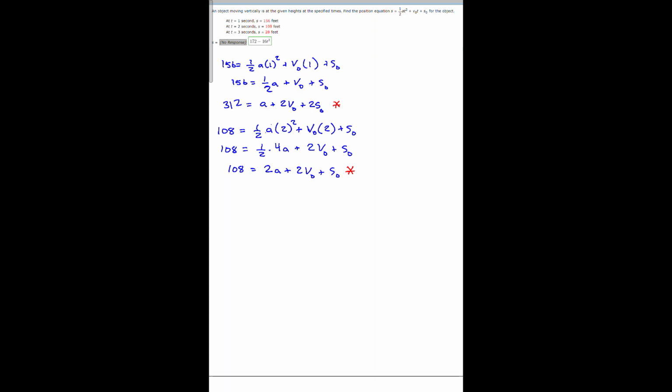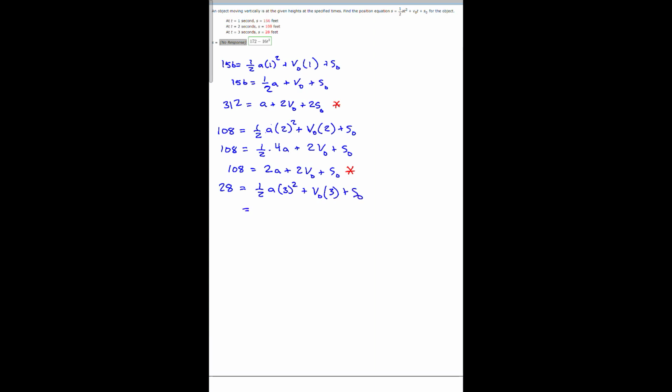Now on the third set of information, your t is 3 seconds and your s is 28 feet. So this would be 28 equals 1/2 a times 3 squared plus v naught times 3 plus s naught.